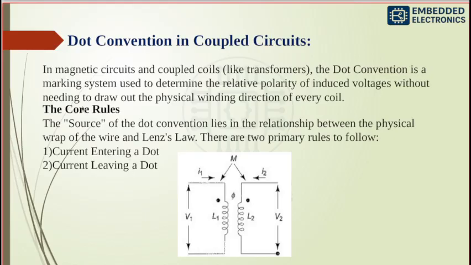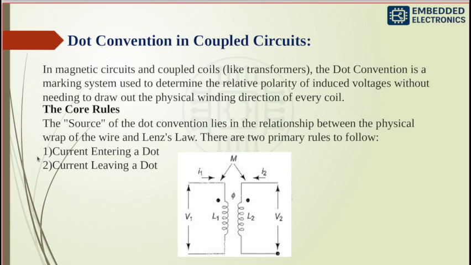Here we have the core rules. The source of the dot convention lies in the relation between the physical wrap of the wire and Lenz's law. There are two primary rules to follow. The first is current entering a dot and the second is current leaving a dot.